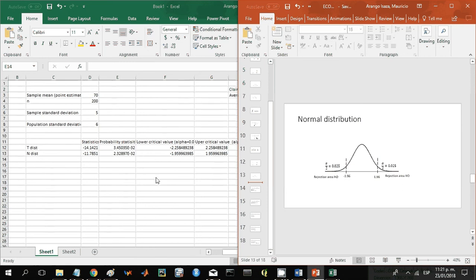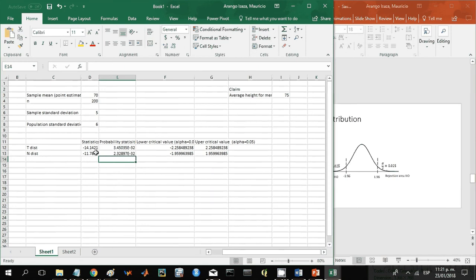The same conclusion I can get out of comparing this statistic to these two critical values that are going to be the lower bound and the upper bound of this sort of interval that we have in here, that is going to define the non-rejection area.